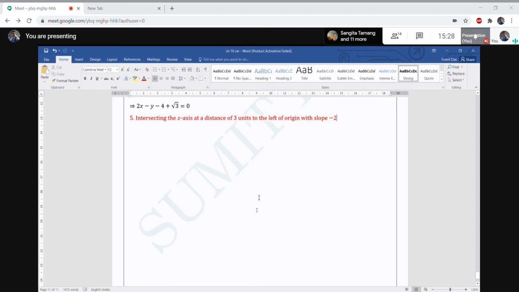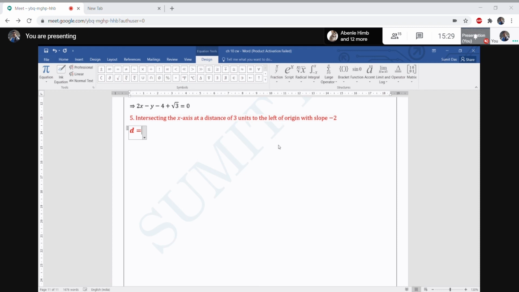Okay, so, sorry, we will use the slope intercept form. Here it is like intersect at x-axis 3 unit left of origin. So what will be the value of d here? D value will be -3. Okay, because it is the left side of the x-axis. Okay, and slope is already given. So slope m equal to -2.